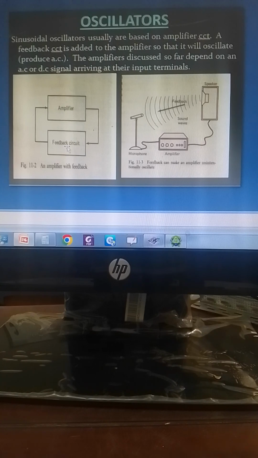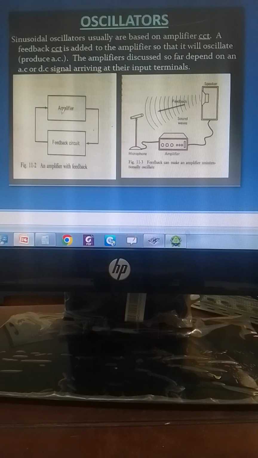What it means is that this feedback circuit is used to make an amplifier provide its own input signal. As you can see here, this output comes back as feedback and enters again through the amplifier.